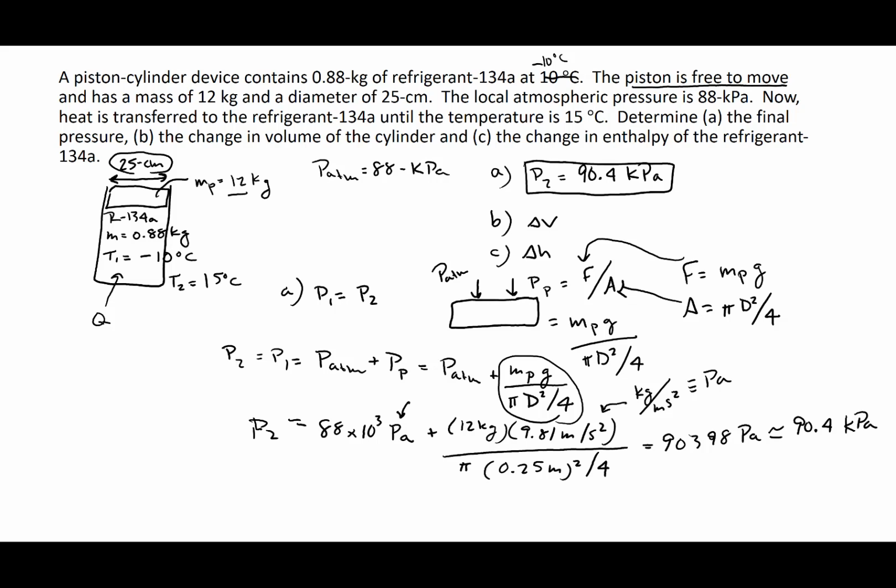Actually, we need to determine what state, so for state 1, our temperature is minus 10 degrees Celsius, and the pressure is what we just calculated, so 90.4 kilopascals.